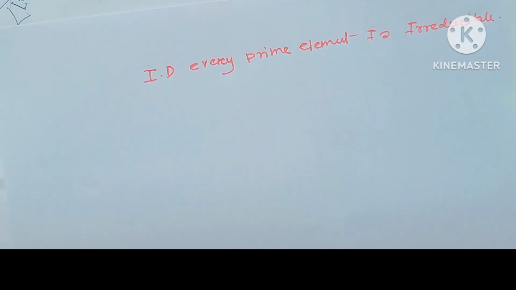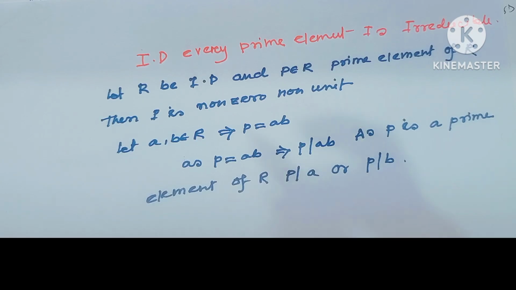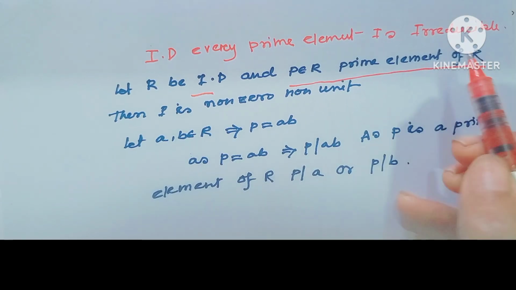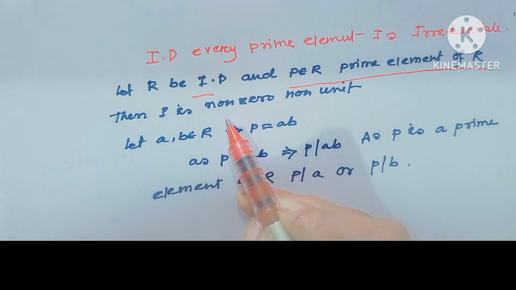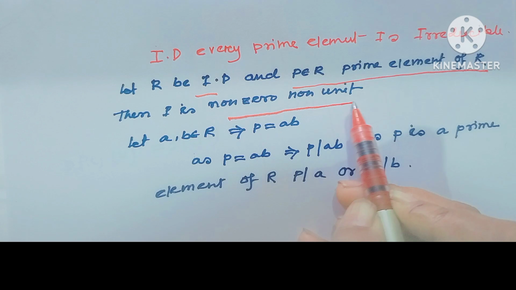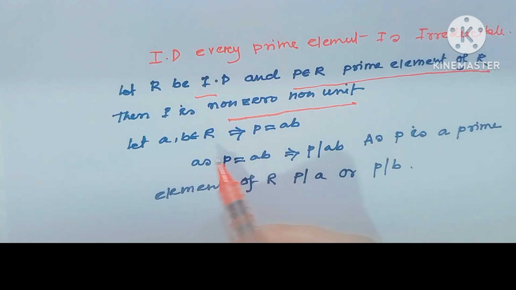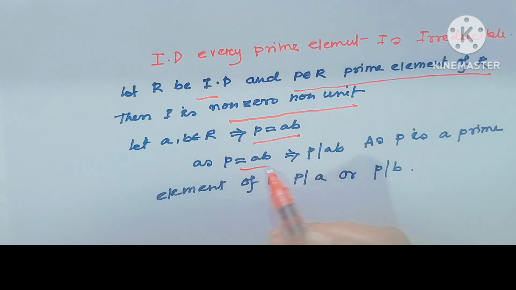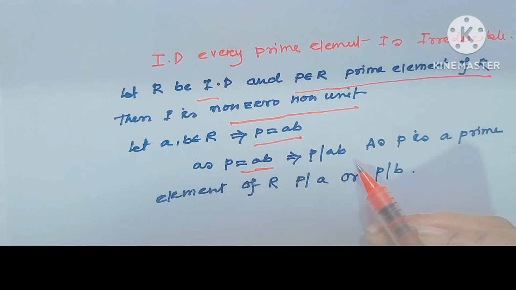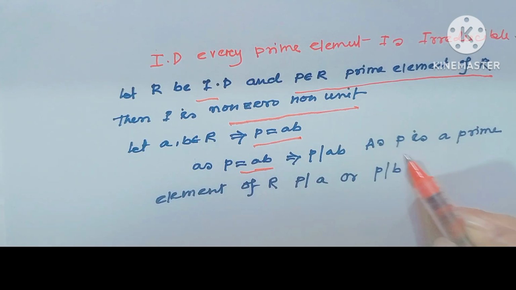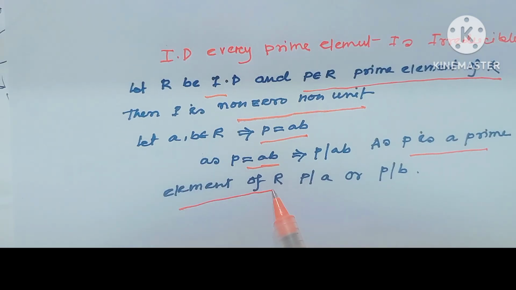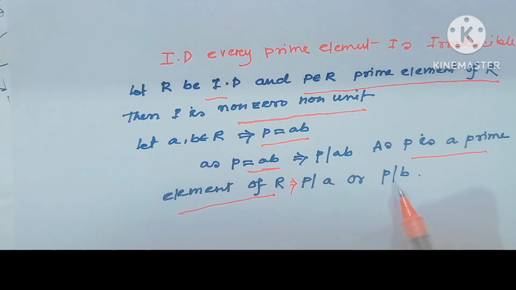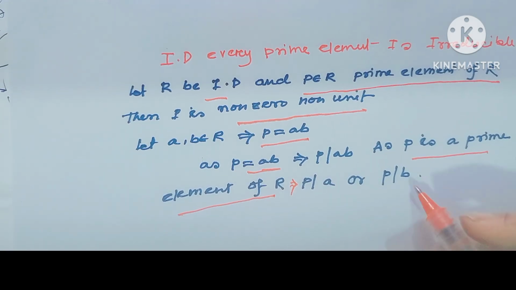This is a very easy proof. Let R be an integral domain, and p belongs to R a prime element of R, and p is obviously a non-zero non-unit element. Let a, b belong to R such that p equals ab. As p equals ab, p divides ab, and as p is a prime element of the ring R, p divides a or p divides b.